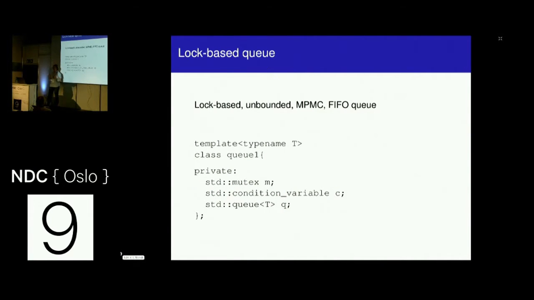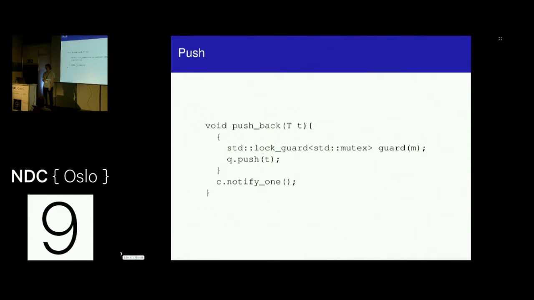So let's start with a lock-based, unbounded, multi-producer, multi-consumer FIFO queue. To do this, we're going to wrap a standard queue object with a mutex and a condition variable. To push back, we just lock the mutex, push our value onto our wrapped queue, and notify anyone who's waiting that there is now a value.